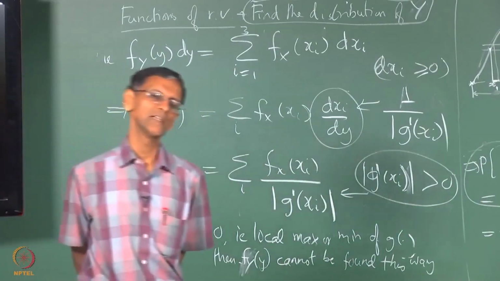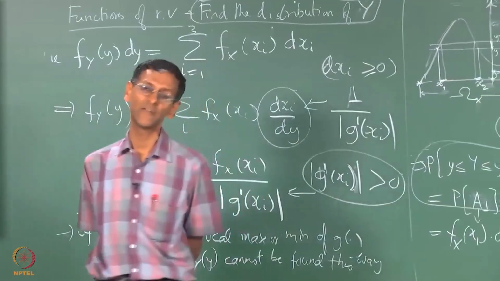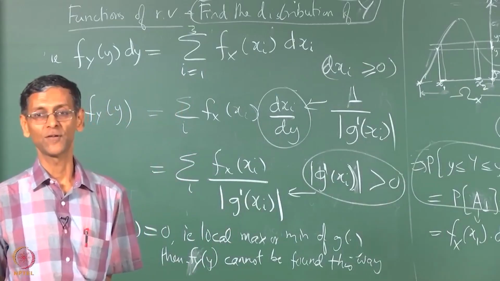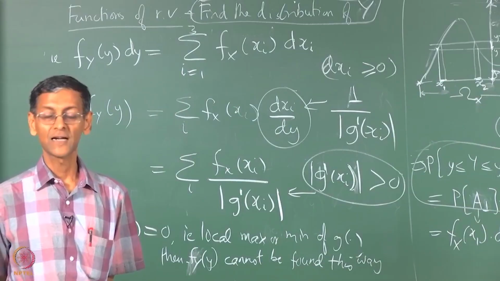In many situations, it turns out that such local maxima and minima of g actually result in the density function going out to infinity, which we already have one example of. We did one example when we talked about that arc sine PDF.